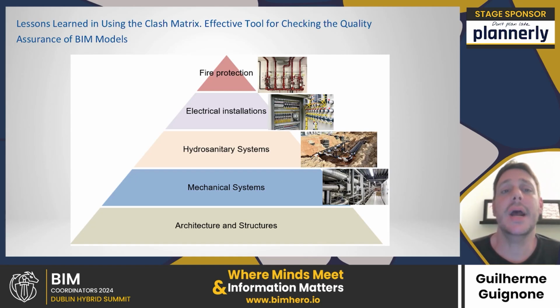For example, if there are conflicts between the disciplines of architecture, structure, and mechanical system, the discipline that must be modified is the mechanical system, depending, among others, on the costs and efforts required to change this discipline. However, if there is a conflict between the mechanical system and the hydrosanitary system, the hydrosanitary system must be more flexible.